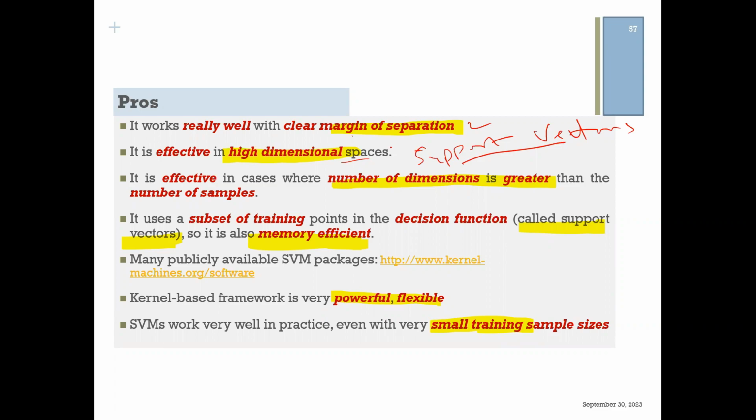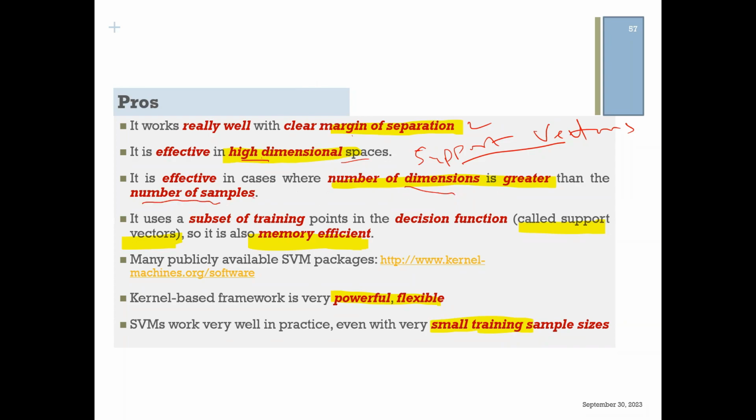prediction. Which is a very unique capability of support vector machine. And that's why it's very effective when you have a high dimensional data set, and also when your samples are very low. We've noticed this, it is very effective. It is also effective in cases where the number of dimensions is greater than the number of samples.